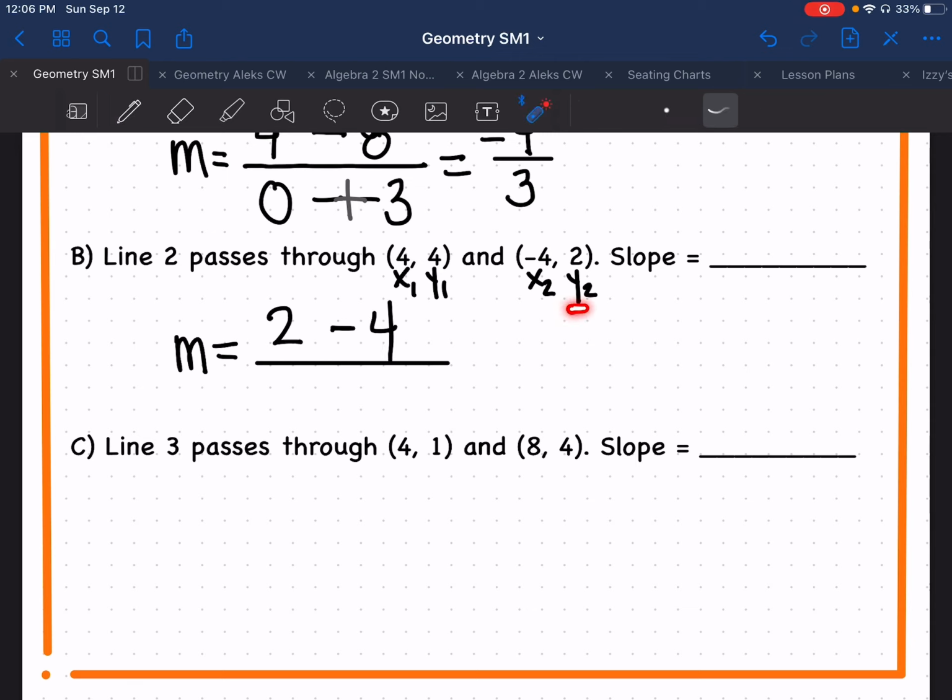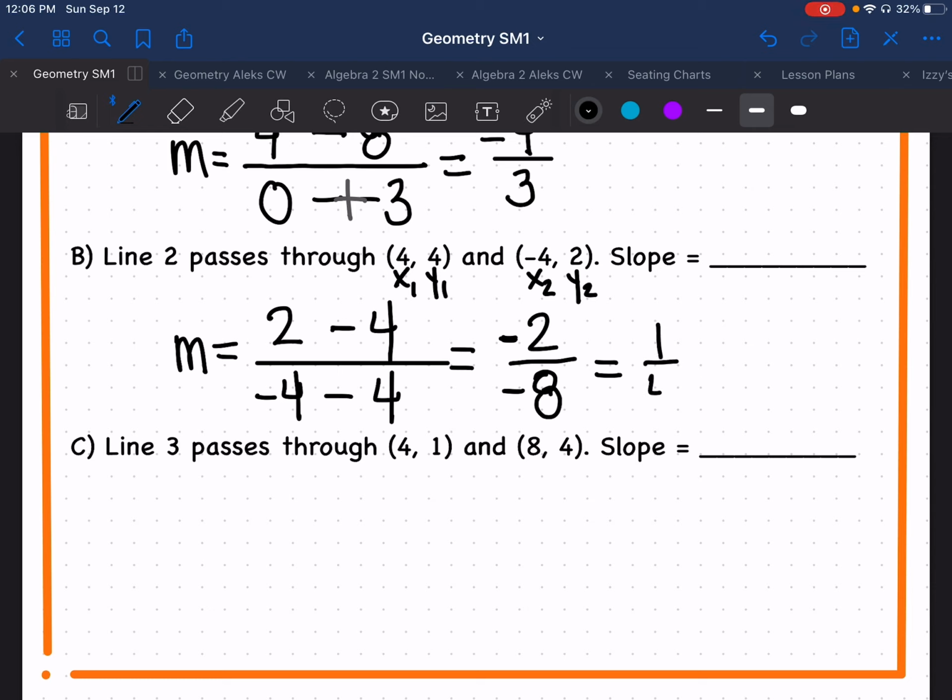And then on the bottom, I'm going to do x2 minus x1. All right, so 2 minus 4 would be negative 2, and negative 4 minus 4 would be negative 8. When I go ahead and divide this, a negative divided by a negative is going to be turned into a positive, and 2 over 8 would reduce to 1/4. There's my final slope.